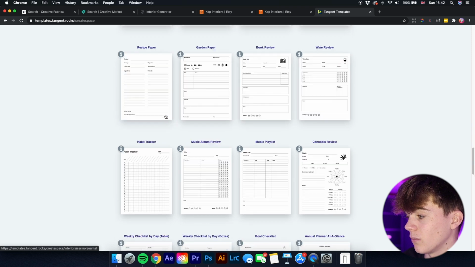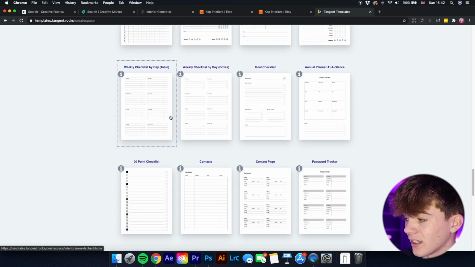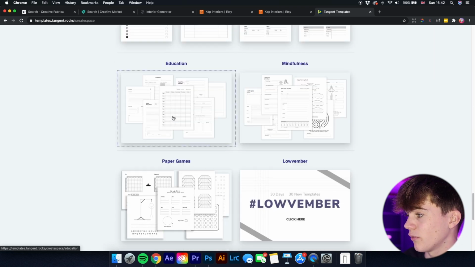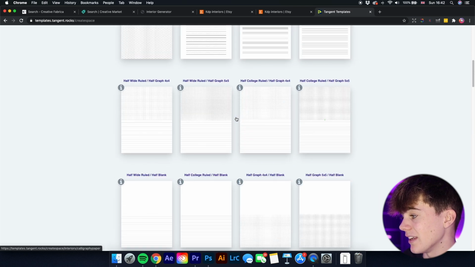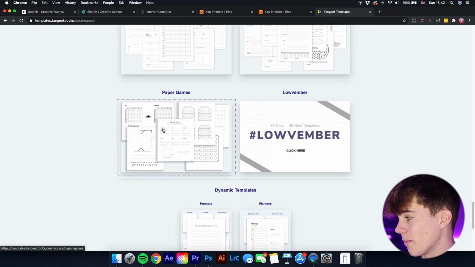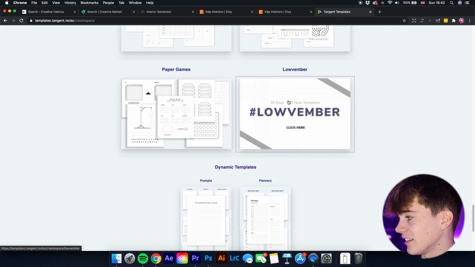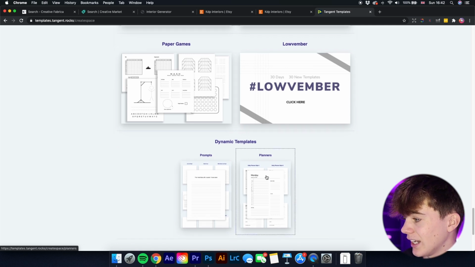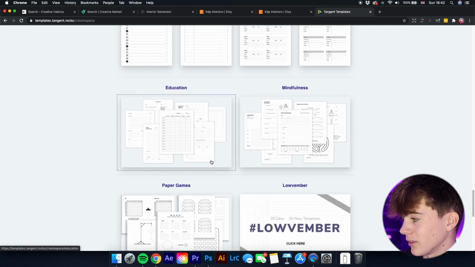And the interiors are probably one of the best I've found from a software, and it has all different ones, like the basic ones here, and it's even got ones like education or mindfulness or paper games, and they add quite a lot of the time, they add some frequently, and then ones like planners, prompts as well.